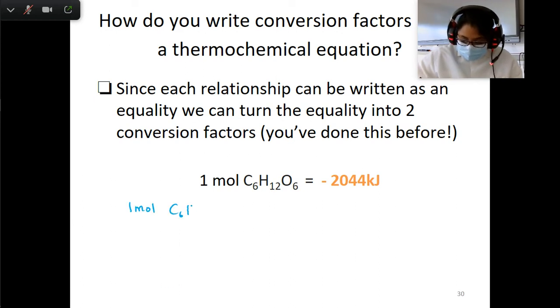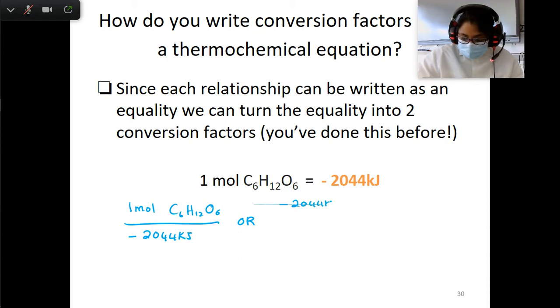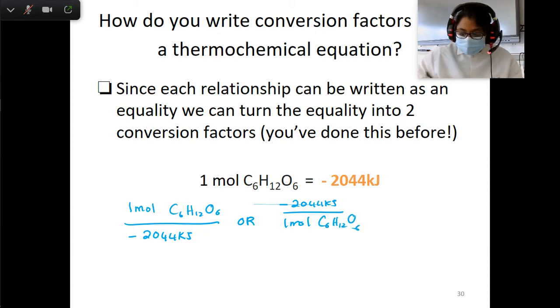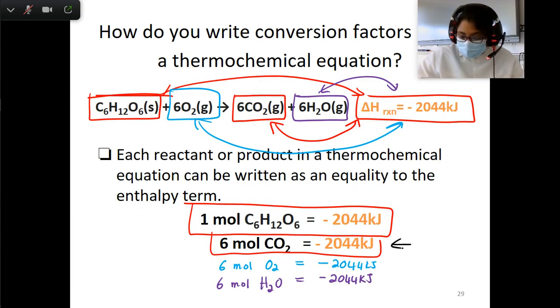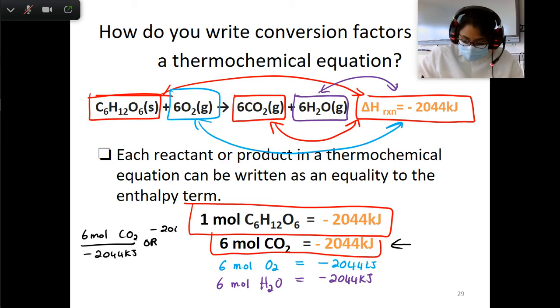1 mole of C6H12O6 over the right side of the equal sign, which is negative 2044 kilojoules, or negative 2044 kilojoules over 1 mole of C6H12O6. What if it was for the carbon dioxide? I can do the same thing. 6 moles of CO2 over negative 2044 kilojoules of energy, or negative 2044 kilojoules of energy over 6 moles of CO2.